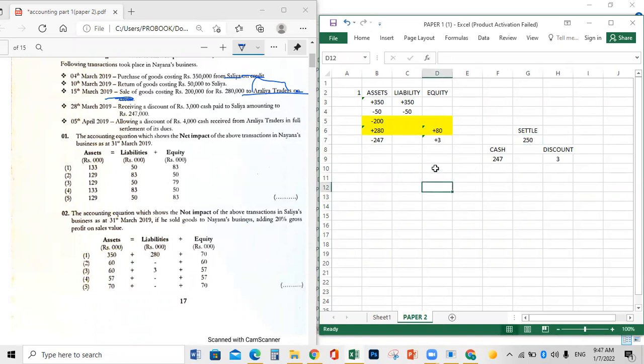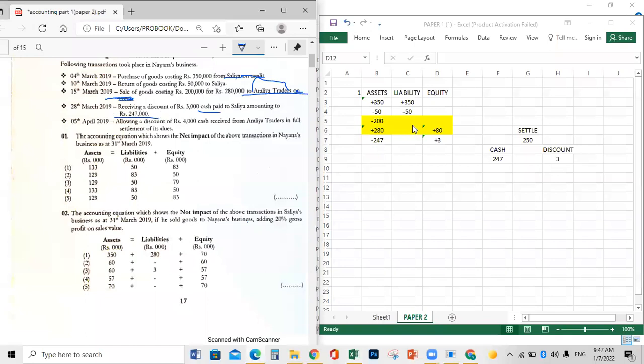So guys, remember, sometimes they will use the word settled, sometimes they will use the words cash paid. Don't assume both are the same. Both are totally different. Cash paid and settled are not the same because settled includes discount plus cash. So when they use the word settled, understand discount is already included. But when they say cash paid, you should know that this 247,000 does not include the discount.